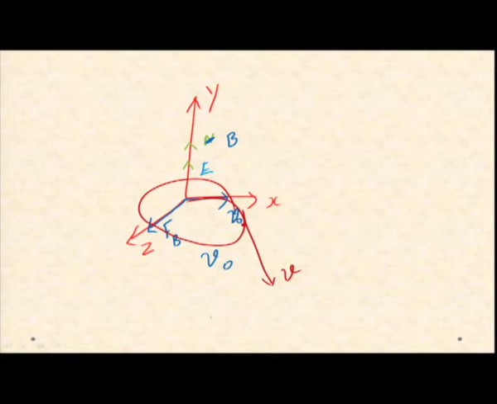So, from this what you learnt is, if a charged particle is moving perpendicular to the magnetic field with no electric field present, then it will exhibit a circular motion.